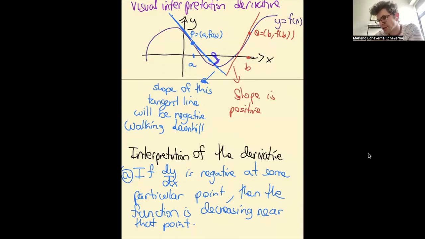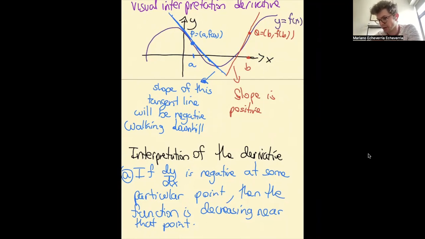So you're walking along this hill, and now as you're moving towards point Q, if you have a GPS or something that's measuring your height, you would see that your height starts to increase with respect to the sea level, which is like the x-axis, for example. So the interpretation of the derivative being positive is that the function is increasing near that point.